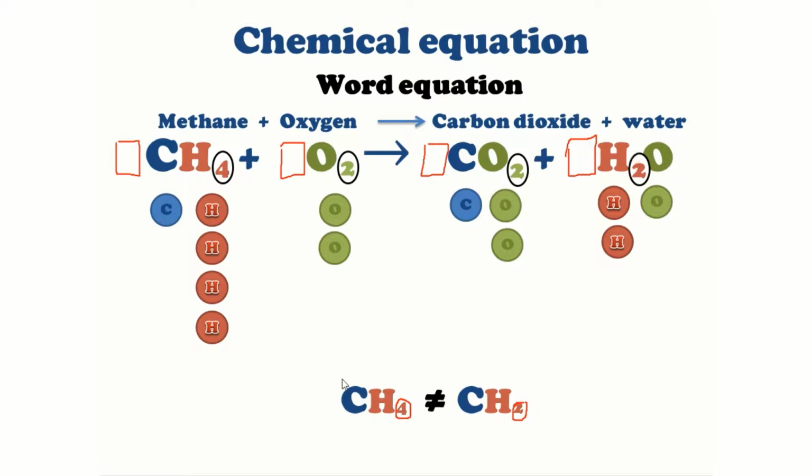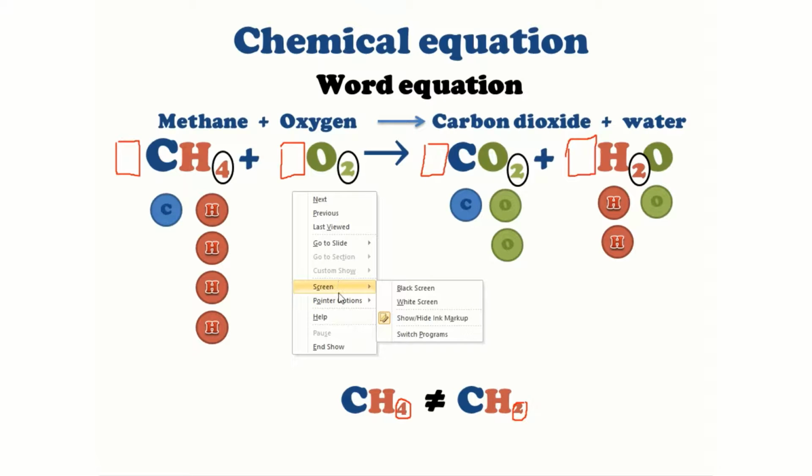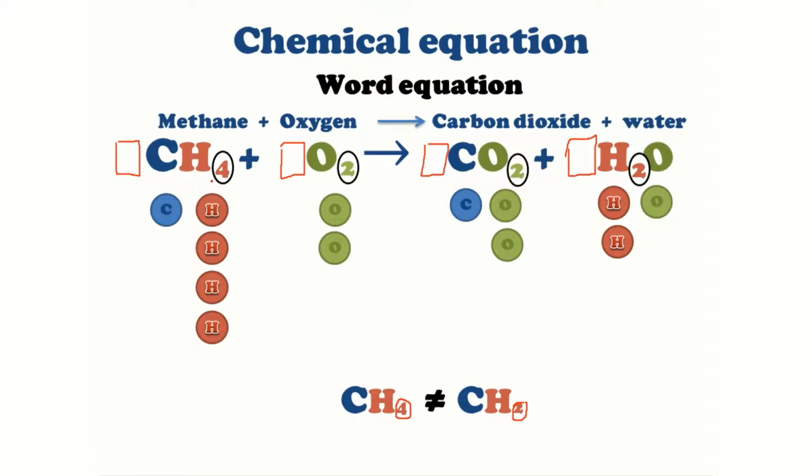We don't change the subscripts, because that would change the molecule, which is wrong. What we do, rather, is change these ones and write numerical values here. These are the spaces that we can write in to multiply the molecules themselves.